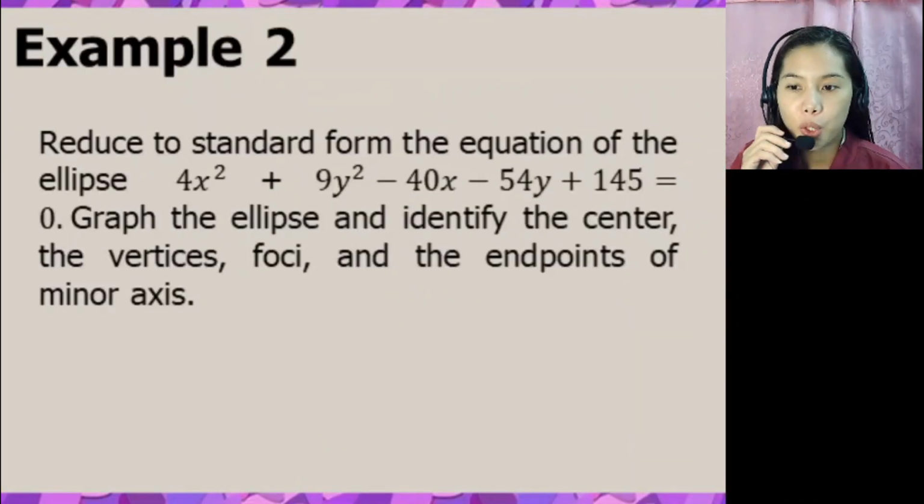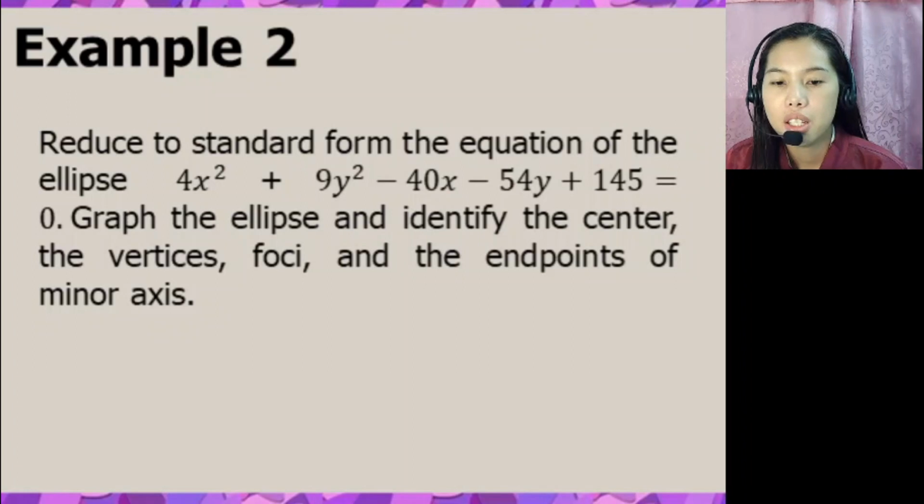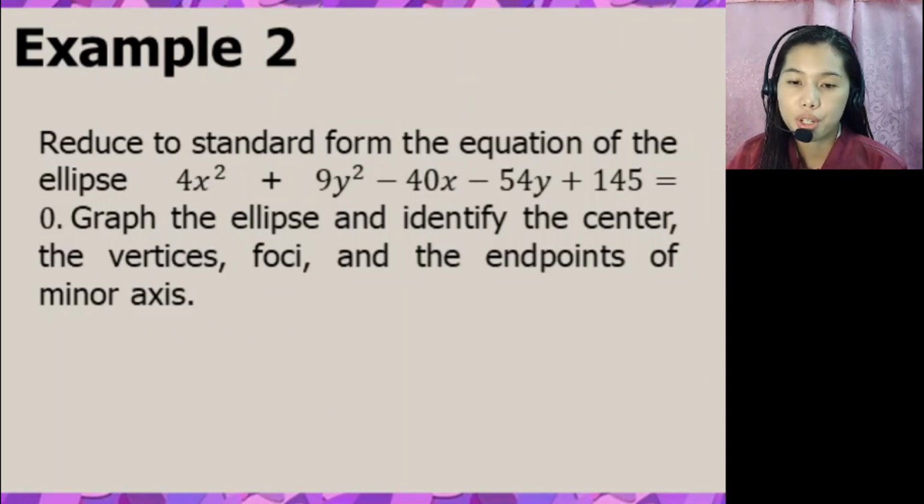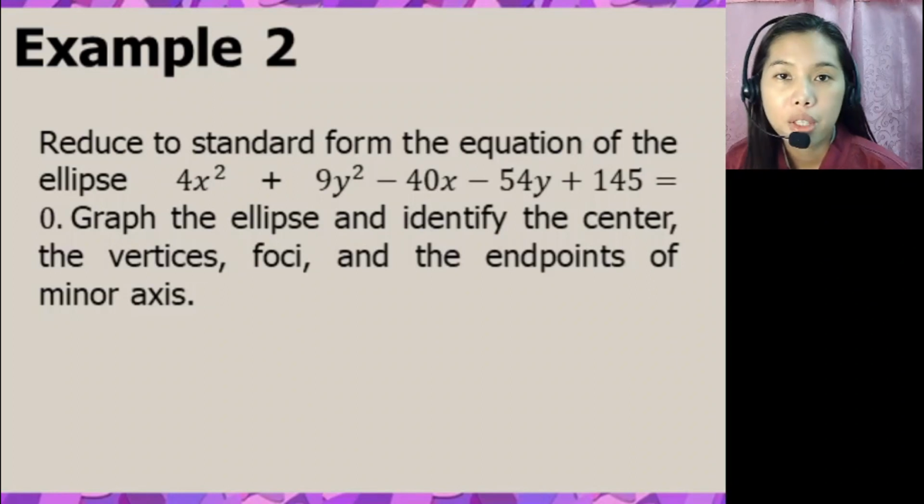Now we're going to move to our second example. Our second example is to reduce to standard form the equation of the ellipse 4x squared plus 9y squared minus 40x minus 54y plus 145 equals 0. We're going to graph the ellipse and identify the center, the vertices, foci, and the endpoints of the minor axis.